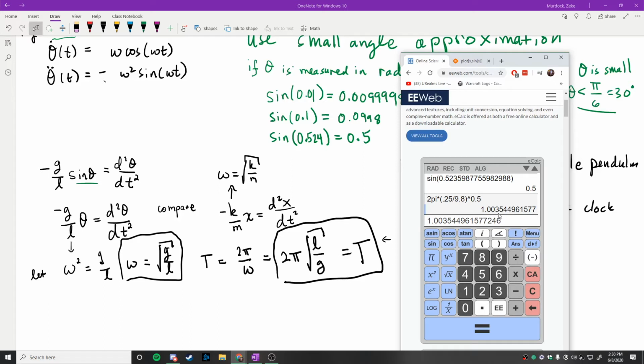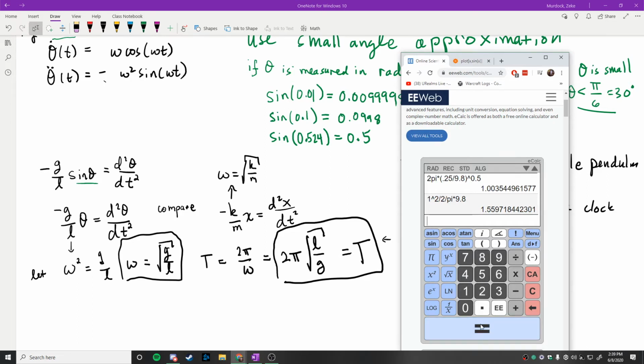This would be a clock that would be off by 3 milliseconds every second, so it wouldn't be a very good clock, but it would still be pretty good. And you can figure out exactly what length you need to get a second by reverse solving this: I take 1 second and square it, divide by 2 pi, and multiply by g.